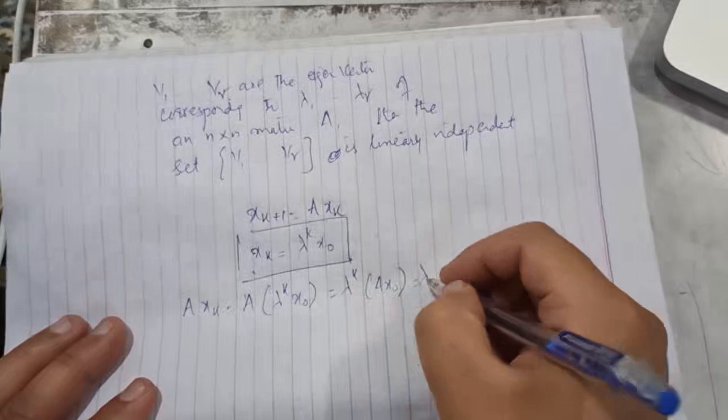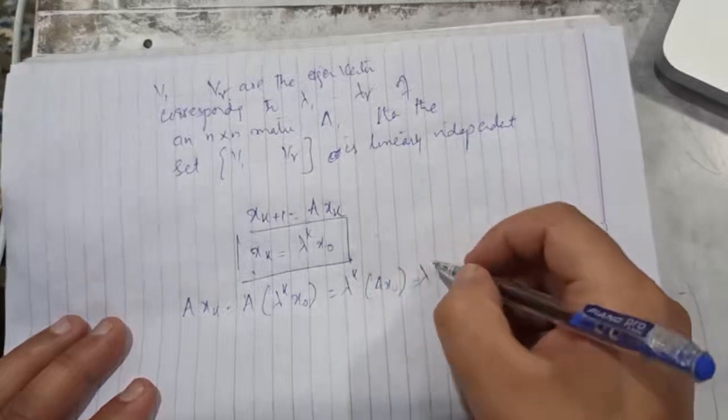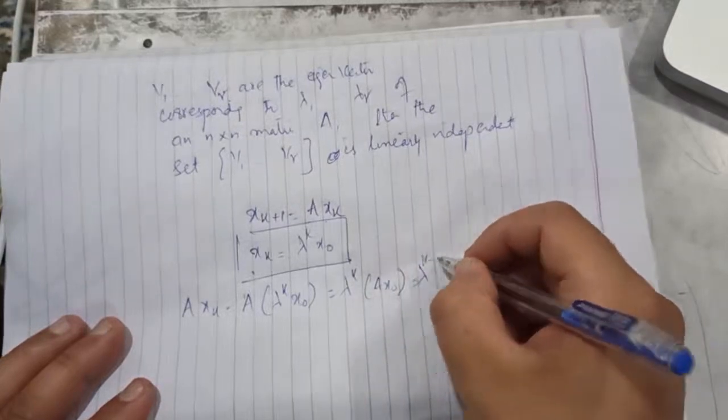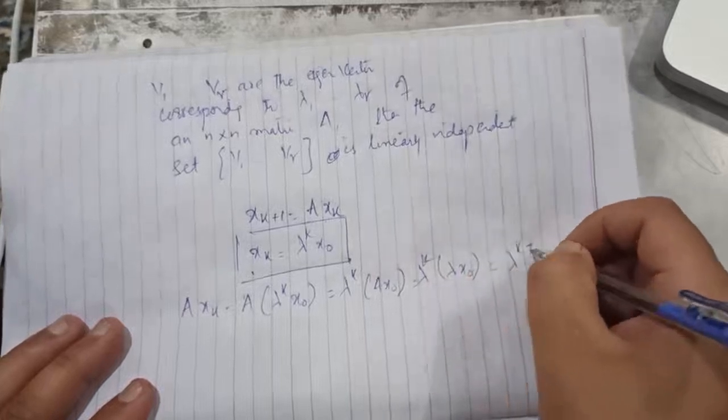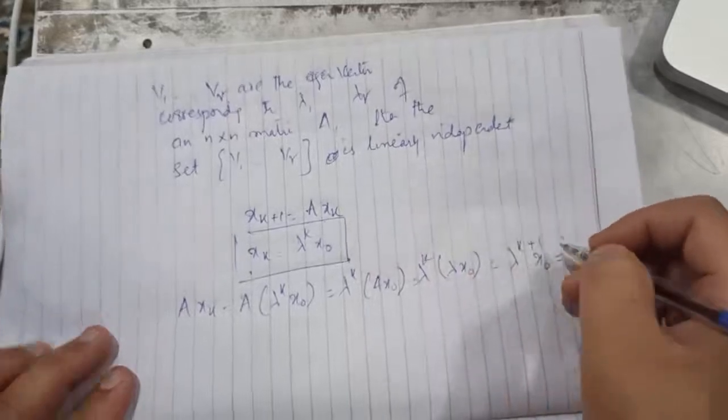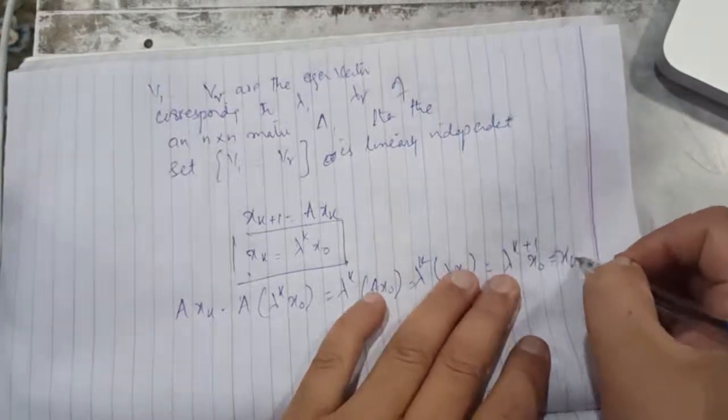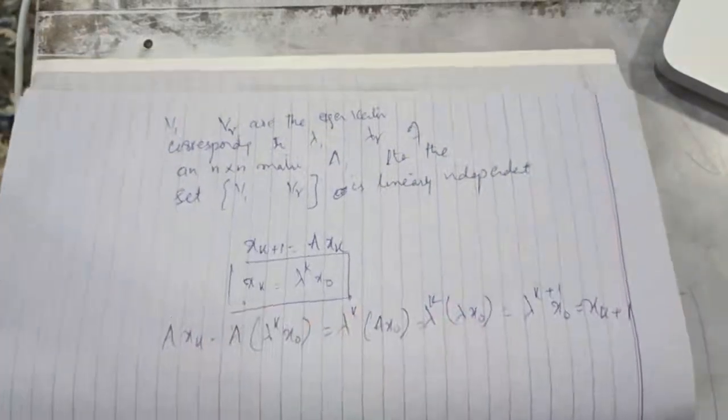Because Ax is equal to lambda x, lambda to the k times lambda times x naught is equal to lambda to the k plus 1 times x naught. From that analogy, you will have this as x of k plus 1.